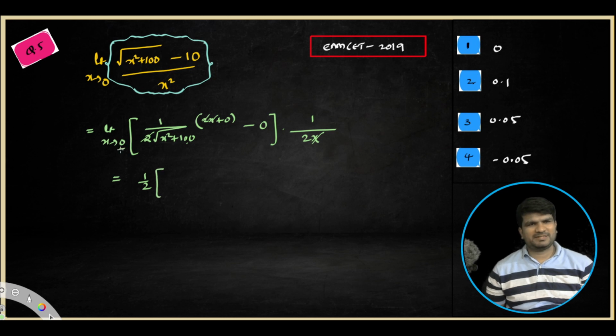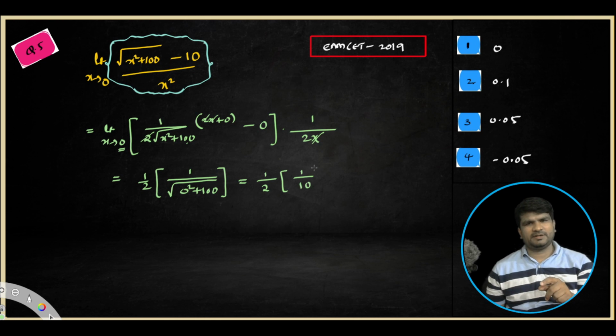Now wherever x is there, if you apply the limit 0, this will become 1 by root over 0 square plus 100. That's all. So 1 by 2, 1 by root 100 is 10.